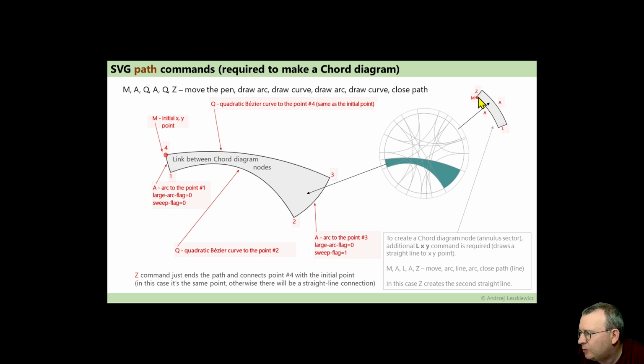So again, the M command sets the initial point, then the A command makes the first arc, the L command makes a straight line, the A command makes one more arc, and the Z command in this case creates the final straight line and connects all the points into a single shape.